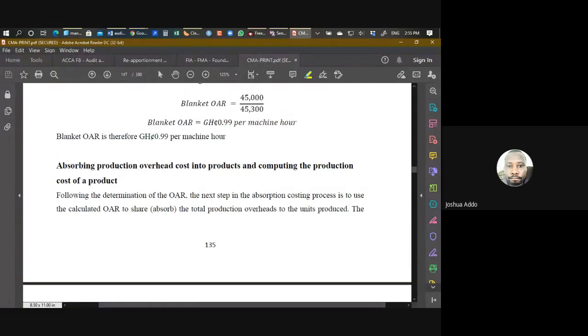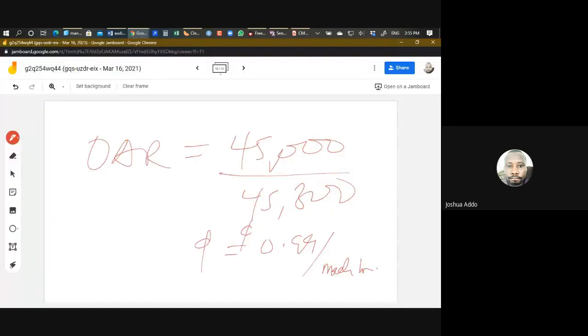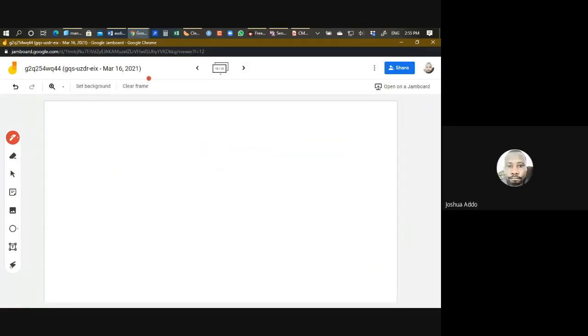So now let's base on this. You see, this is 0.99 per machine hour, right? If we go back to the original scenario we were creating, if our direct material is 0.8, direct labor 1 cedi, direct expenses 1 cedi.